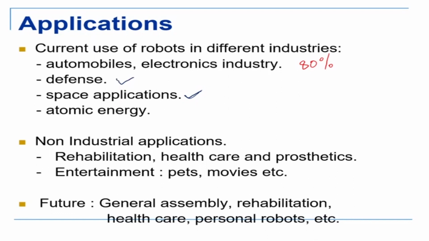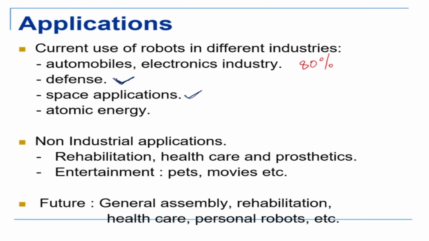The other is defense application. This is something which is coming up extremely fast now, and a lot of robotics companies are focusing on defense applications, because in most countries they would not like their soldiers to come to harm on the battlefield. So it's a very good option to send a robot in place of a soldier. The second is unmanned applications like unmanned aerial drones and underwater unmanned vehicles.